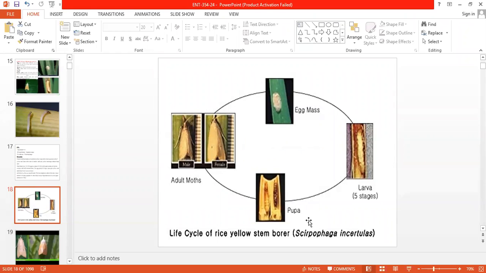Then the pupa of that pest is mainly found inside the infested stems in white silken cocoons. The pupa is dark brown in color. The pupal period is 6 to 10 days. Then the adult stage comes out from the pupa, and the total life cycle of that pest is completed within 28 to 35 days depending upon the temperature.